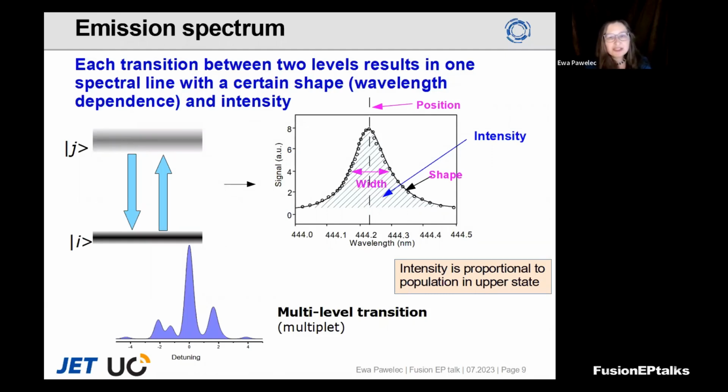So mostly the shape of the molecular line is determined by our spectrometer, by our optical apparatus. Position and especially intensity are what is important in the case of molecular lines. The intensity is proportional to the population in the upper state, so we cannot probe by optical emission spectroscopy the lower states, the ground states, for example. That's a completely different story, unfortunately.